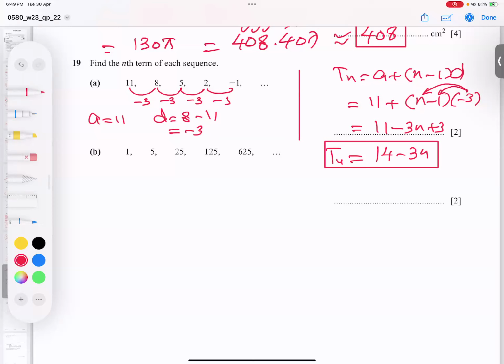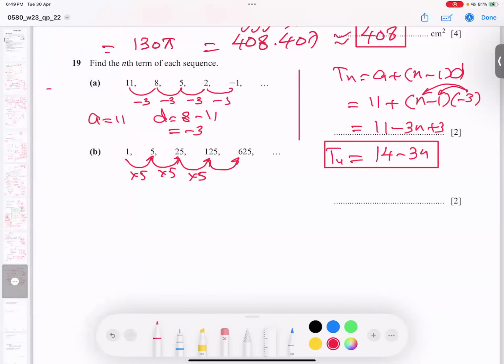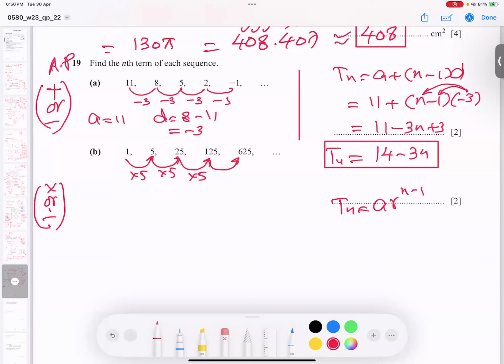This number is very visible. Multiply by 5, multiply by 5, multiply by 5. Let me tell you, by adding or by subtracting is called AP, so we use that formula. By multiplying or by dividing, we use the geometric formula, and the formula is Tn is equal to A times R to the power n minus 1.